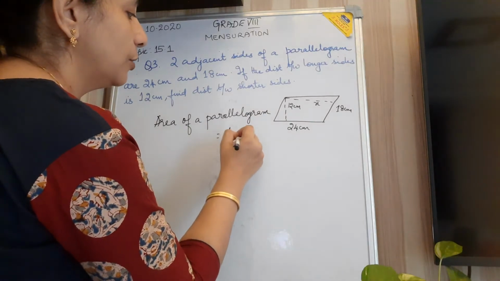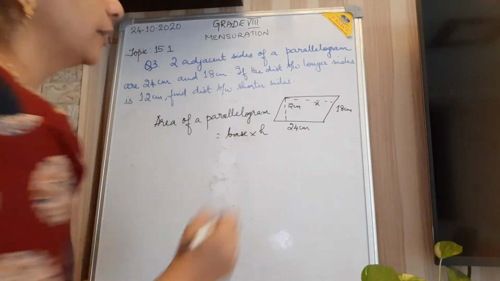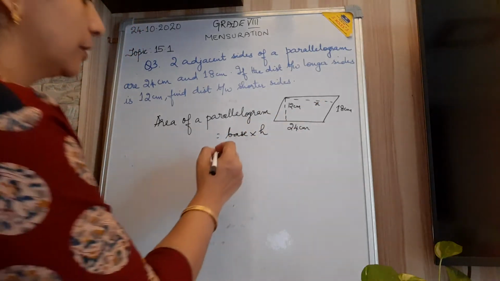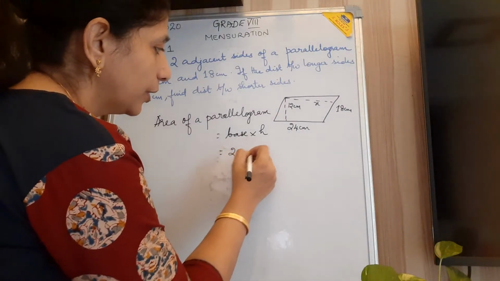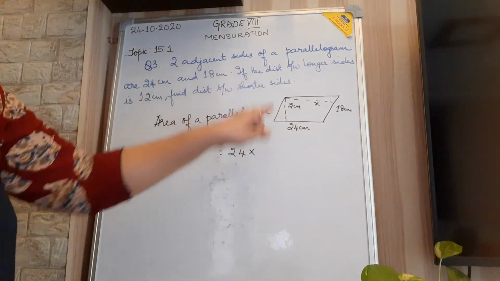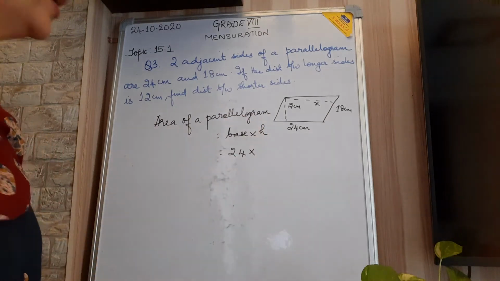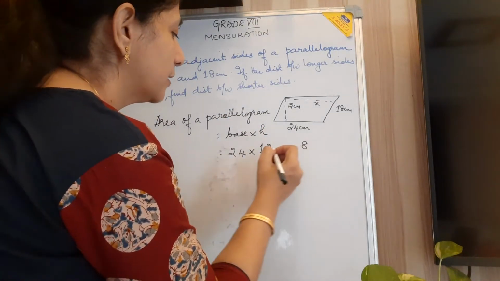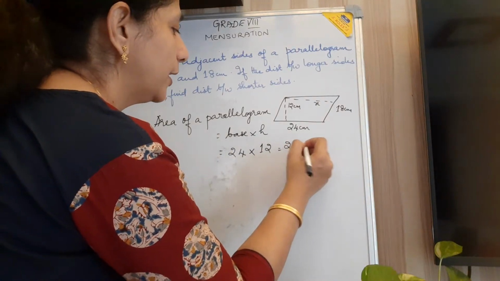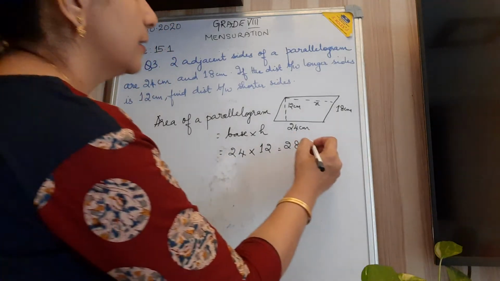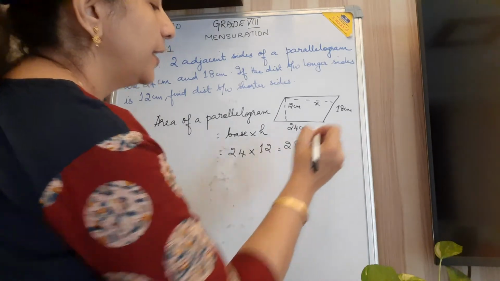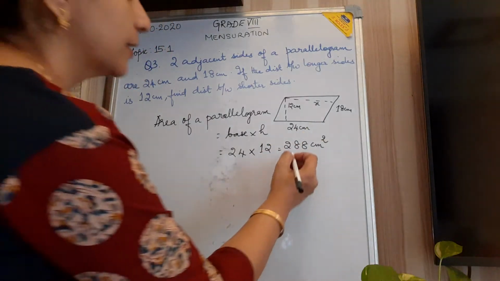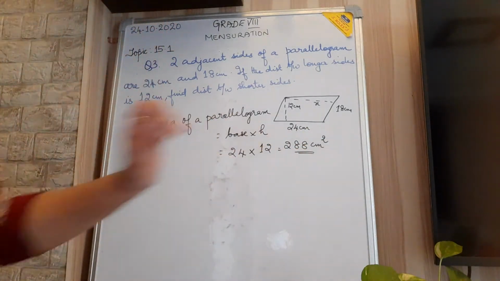Here I am considering the base as 24 centimeter, and height, that is the perpendicular distance between the longer sides, is 12. 12 fours are 48, balance 4, 12 twos are 24, so 288. Area is in centimeters square, since the sides are in centimeters. So you got the area.